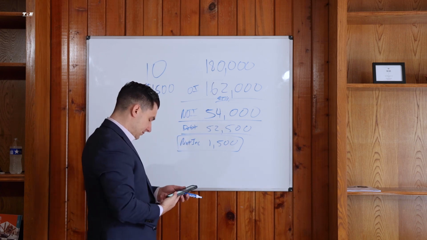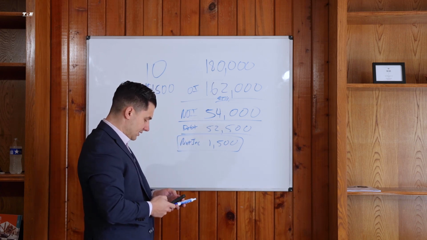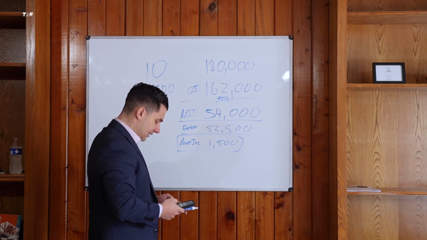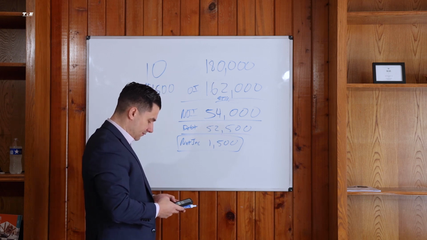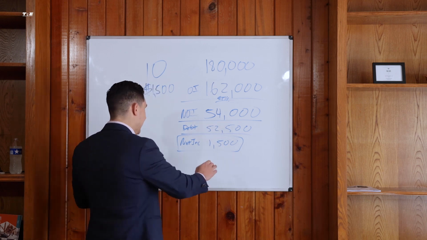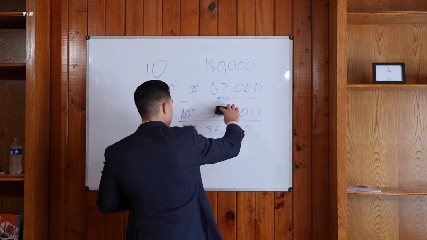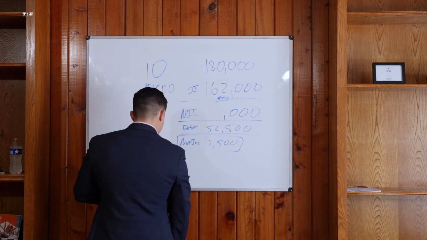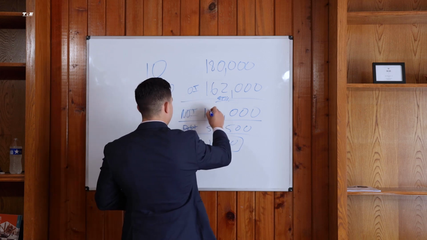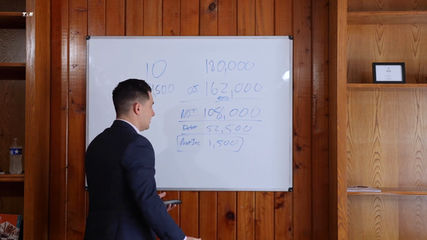They might, but for this purpose, let's assume they stay the same. So at this point, we've raised our rents to $162,000 a year, minus our operating expenses of $54,000. Now, our NOI is going to be at $108,000.